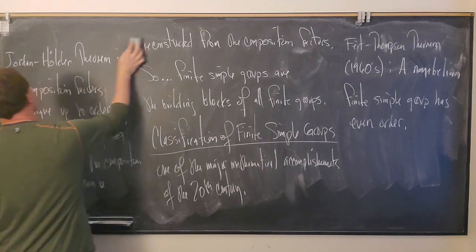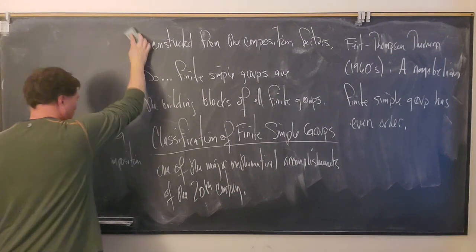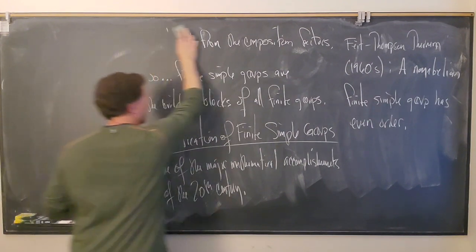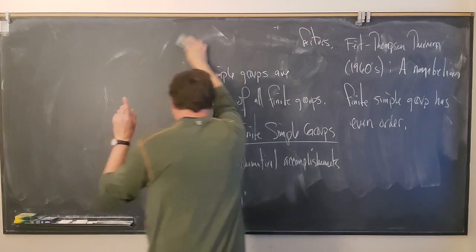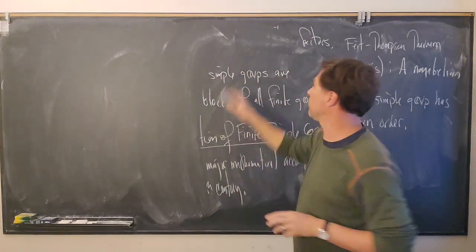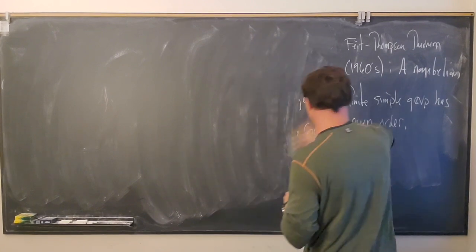Certainly not obvious. But what it's saying is if you have a non-abelian finite group of odd order, you are guaranteed it is not simple. There will be some non-trivial proper normal subgroup in there.